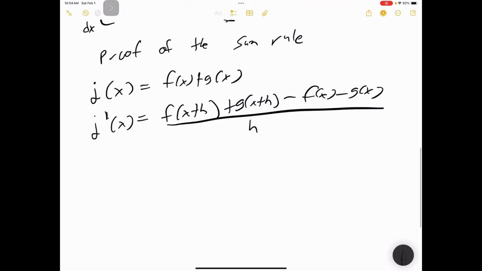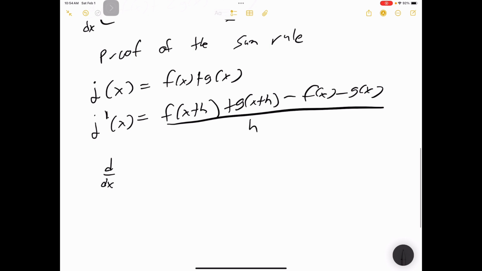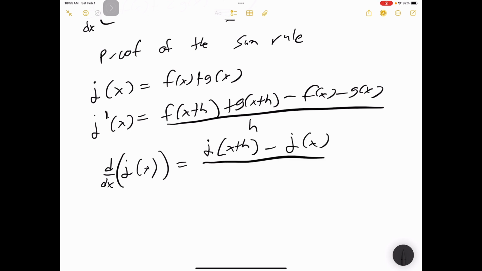This follows directly from our definition of the derivative, which is d dx of j of x is equal to j of x plus h minus j of x all over h.